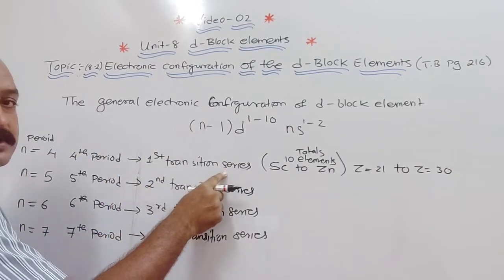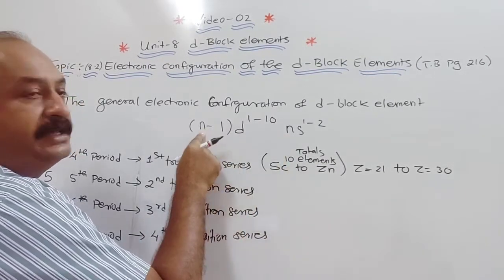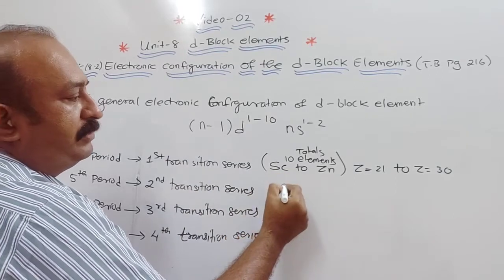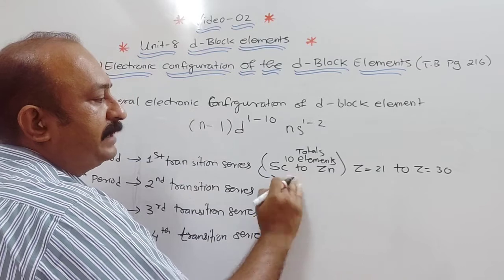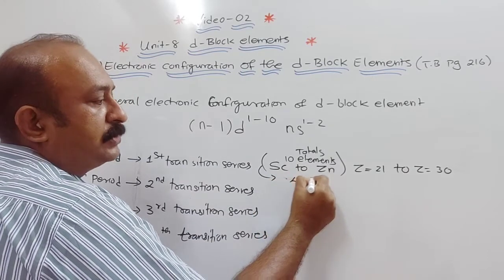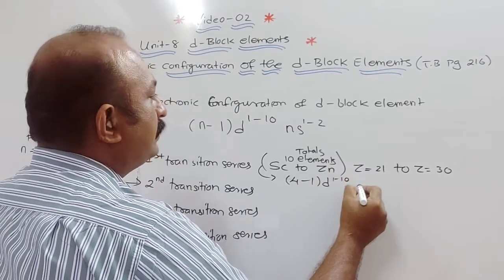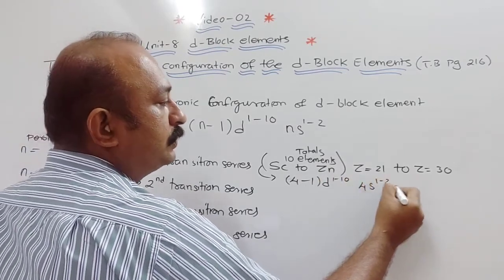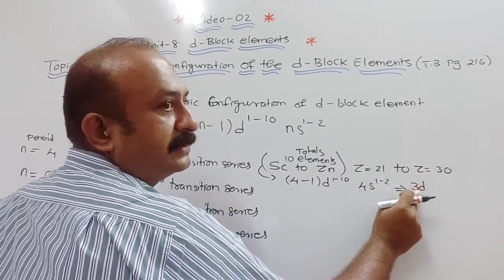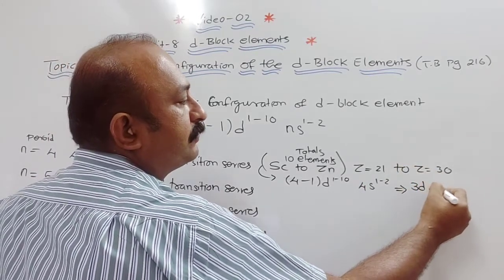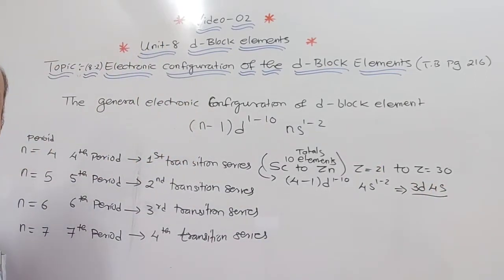For the first transition series the value of n is 4, so it is (4 minus 1) d 1 to 10, and 4s 1 to 2. So in the first transition series, the last electron enters the d orbital, so 3d 4s will be the configuration.